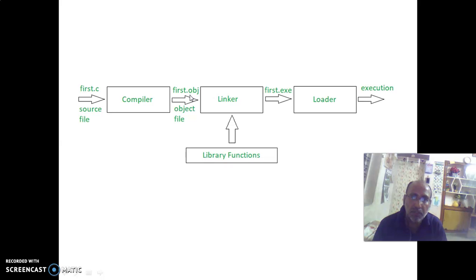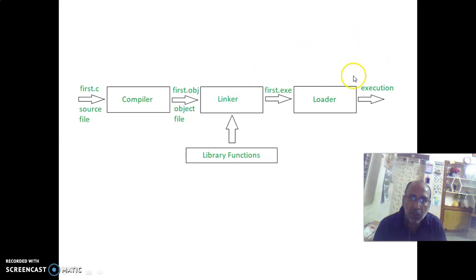The first.obj file has to go to the linker. The linker generates the first.exe file, and also takes the library functions. I discussed what the library functions are.